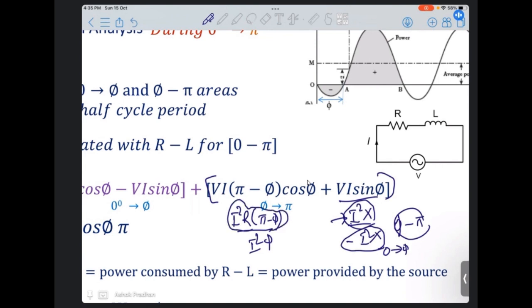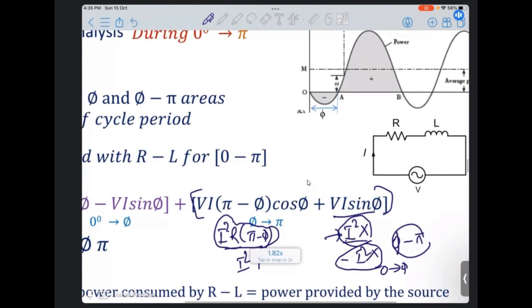But the corresponding integral is now pi minus phi, because this duration is nothing but pi minus phi. So if you say the average power here also, P average is I square R times (pi minus phi) divided by (pi minus phi).